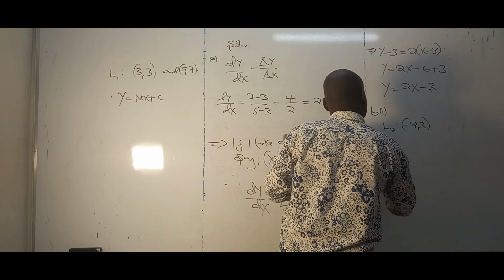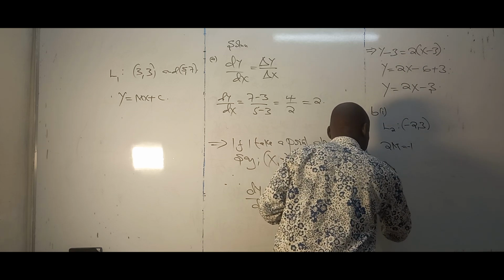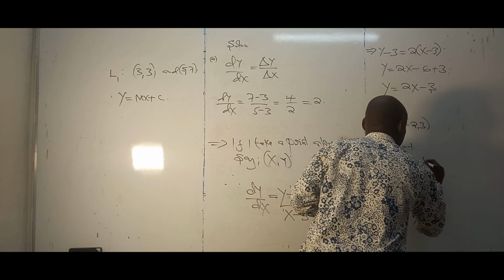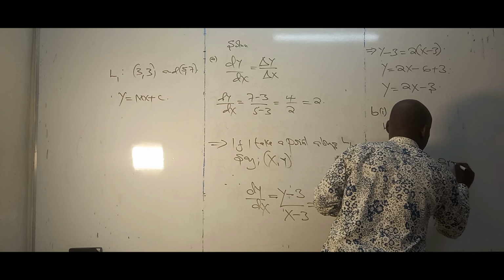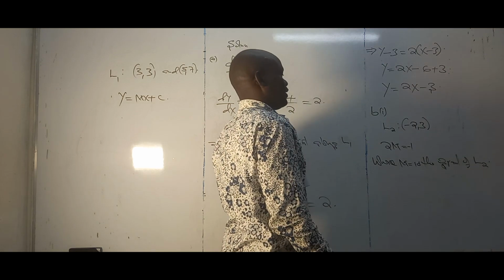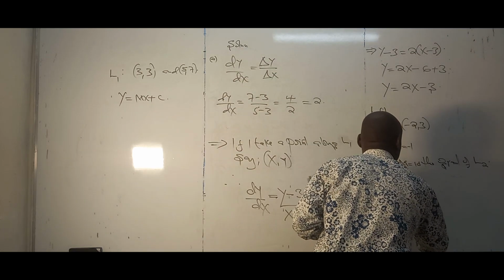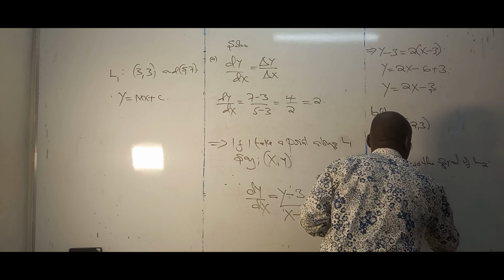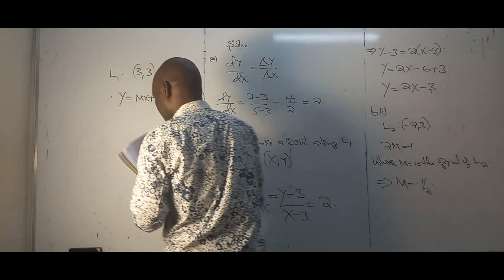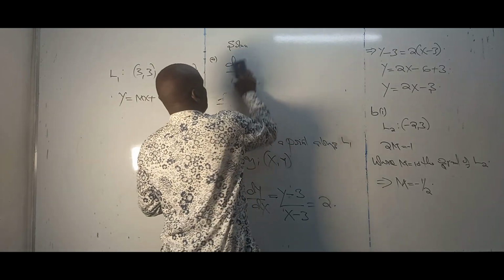So 2m = -1, where m is the gradient of L2. So m, the gradient of L2, is -1/2.